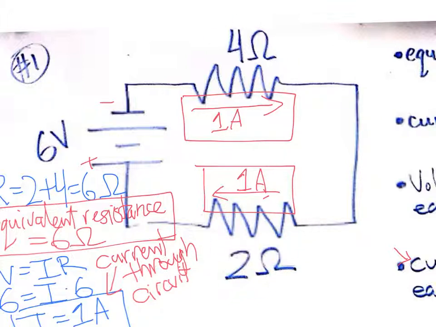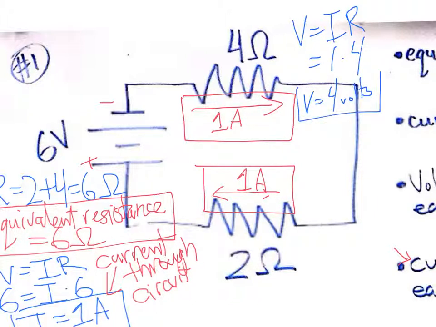We're going to use V equals IR, Ohm's law. So, we're finding the voltage drop, meaning the voltage used up by this resistor. Current through this resistor is 1 amp. The resistance of this resistor is 4, giving voltage is 4 volts.